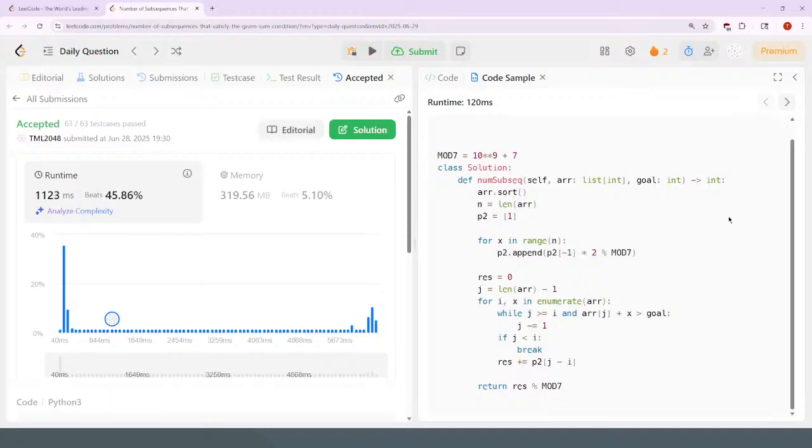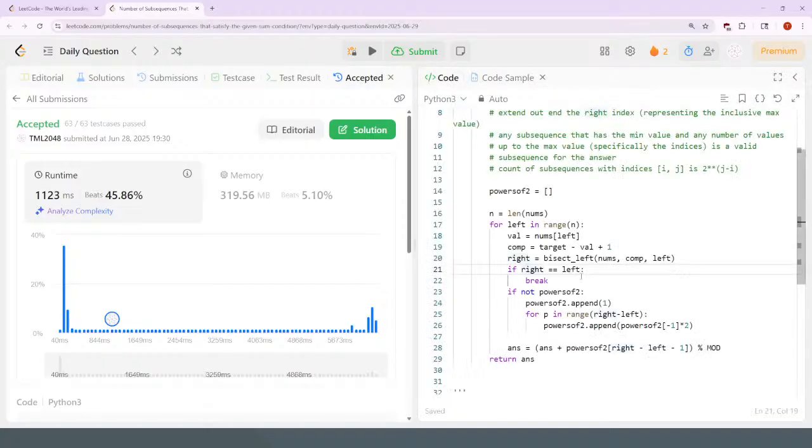Oh, interesting. So instead of appending just the powers of 2, since these can be big, they appended powers of 2 mod the constant.